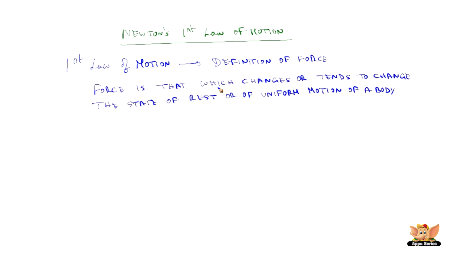Force is that which changes or tends to change the state of rest or of uniform motion of a body. Or we can say force can produce either acceleration or retardation. Due to the external force, the first law states the body's state of rest or uniform motion changes.